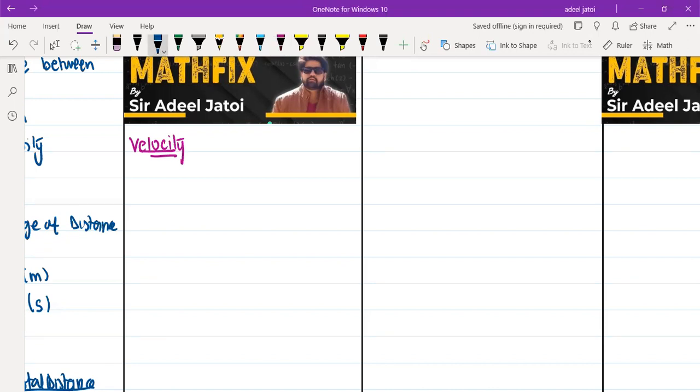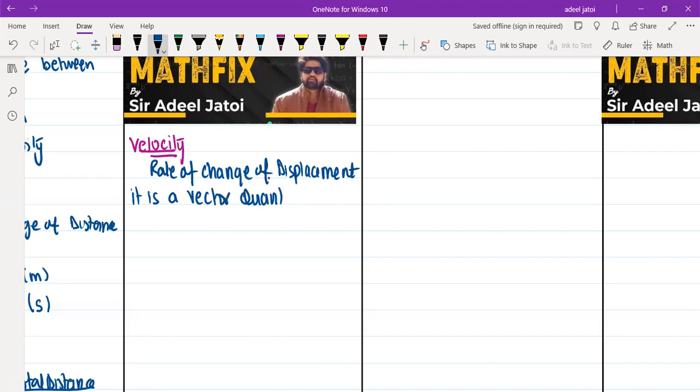It tells me the rate of change of displacement. Rate of change of displacement. It is a vector quantity.